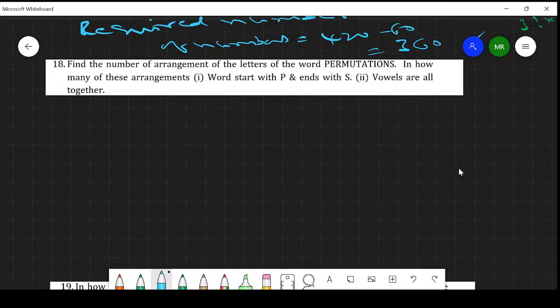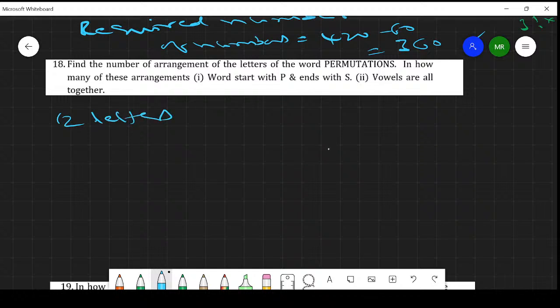When you're talking here, start with P and end with S, you can fix P first and S at the end. Total how many letters in permutations? We have 12 letters, right? The given word contains 12 letters.